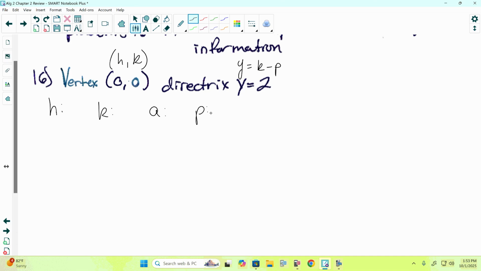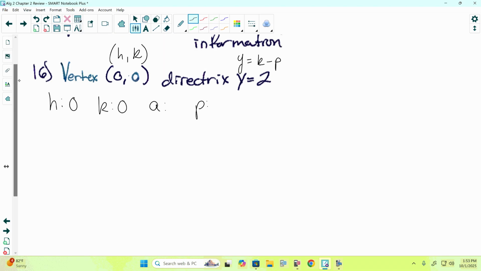So we still need to find the values of h, k, a, and p. The vertex tells us h and k. h is 0 and k is 0. Now the general form for the directrix was k minus p. And the directrix told us that when we take k and subtract p from it, we should get 2, because k minus p equals 2.